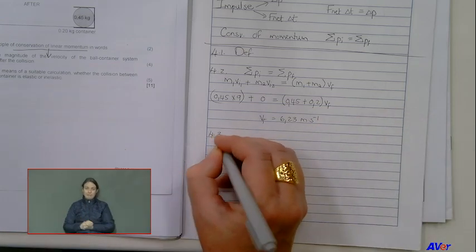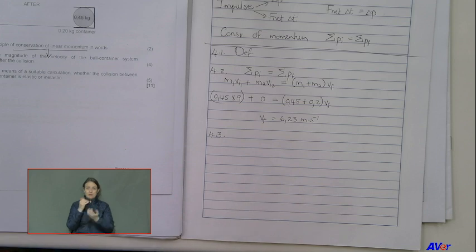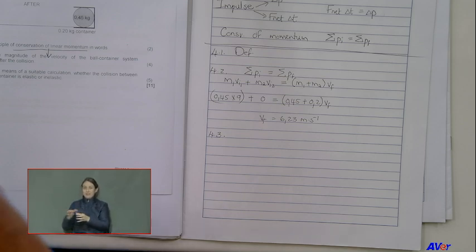Okay, 4.3. Determine by means of a suitable calculation whether the collision between the ball and container is elastic or inelastic. Boys and girls, again, if you want to guess, the answer is inelastic. There must be something very special for it to be elastic.